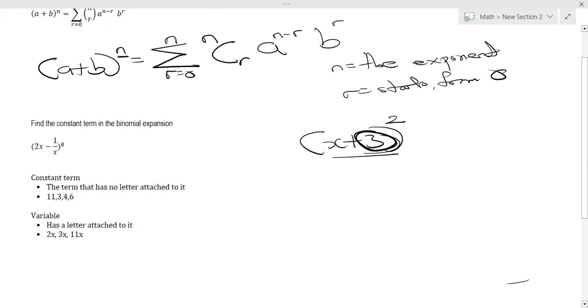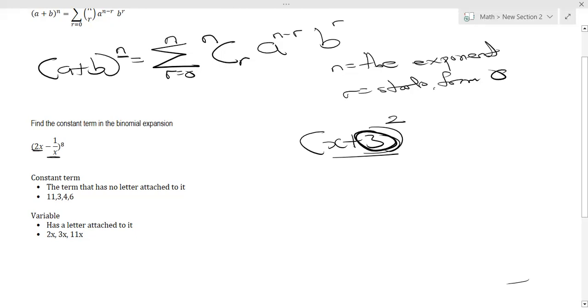But in this situation, both terms carry an x. We have x here, we have x here. So it means the last term is most likely not the constant term. So how do we go about it?